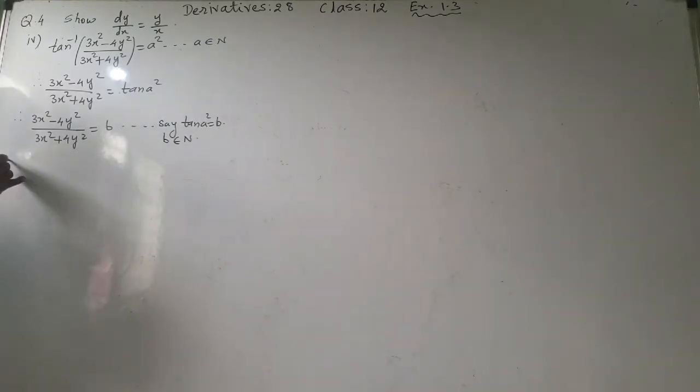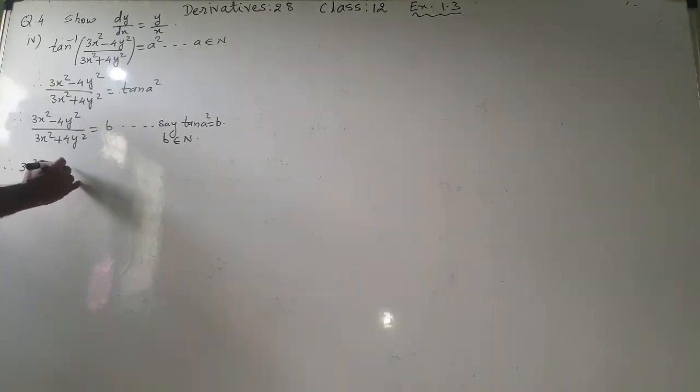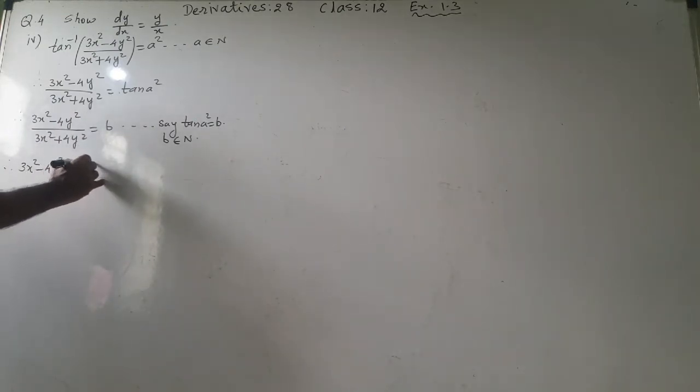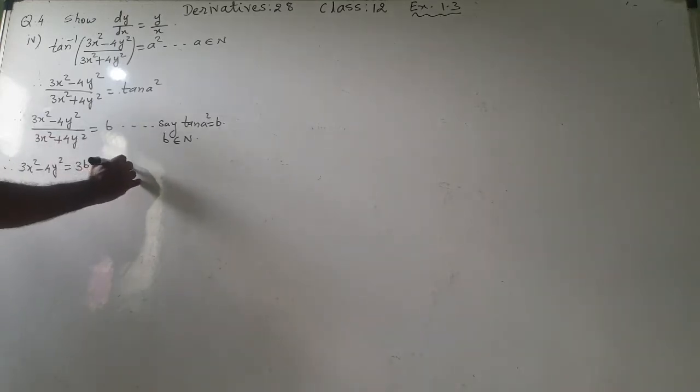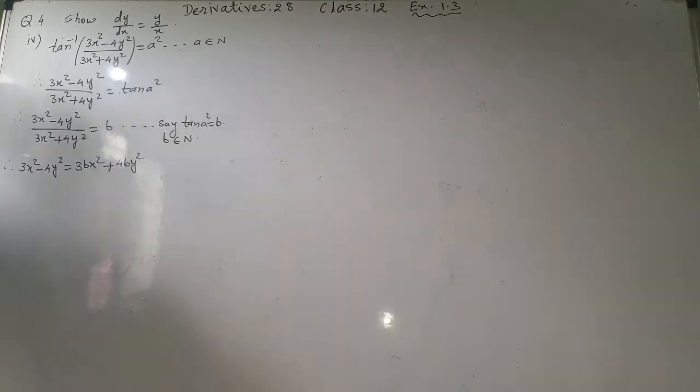Therefore 3x square minus 4y square is equal to b into this. So directly I will do the multiplication. 3bx square plus 4by square. Done the multiplication.